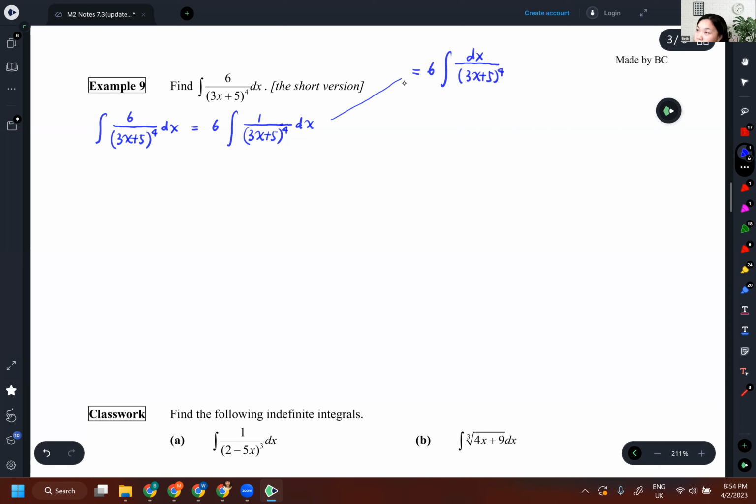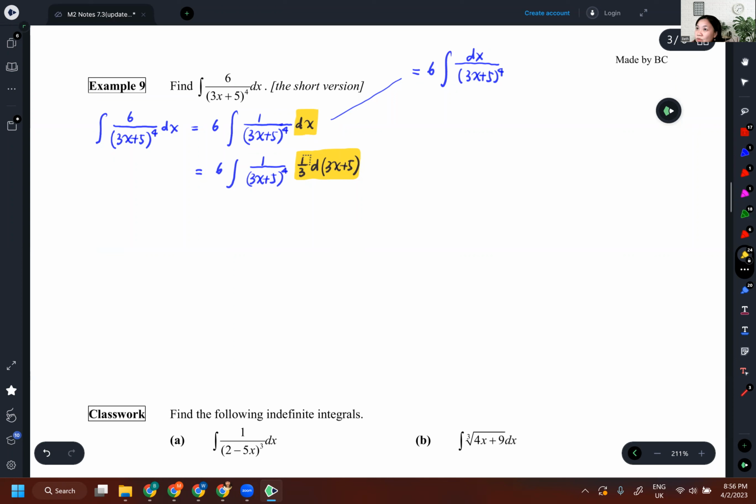I did not change anything. And also last time I explained that adding 5 or subtracting anything would not change this value. Because now you think about it, this is just du/dx equal 3.